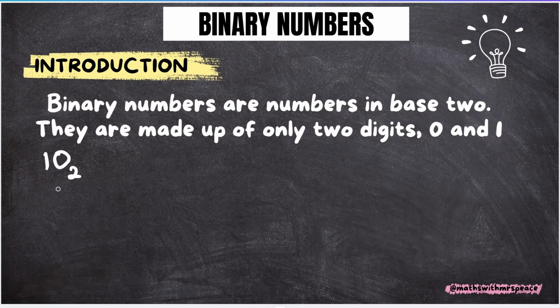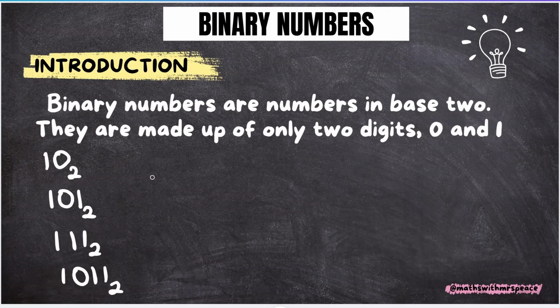Another example of a number in base 2 can be 1, 0, 1 in base 2. We can also have 1, 1, 1 in base 2. We can have 1, 0, 1, 1 base 2. We can have 1, 0, 1, 0, 1 in base 2.